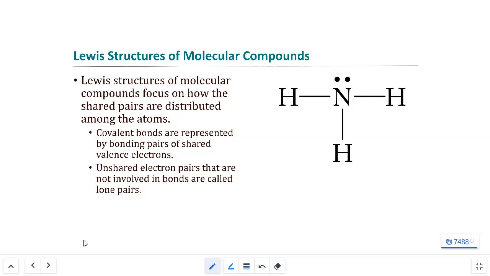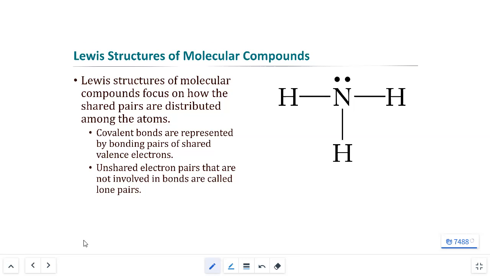Well, we're told those lines represent covalent bonds. Those covalent bonds represent two electrons being shared between each atom that is being held together by that line. So the nitrogen has two electrons from that line. The hydrogen has two electrons from that line because those two electrons are shared between them.